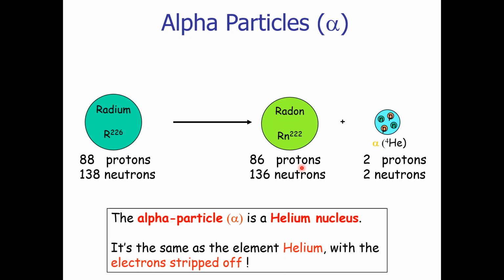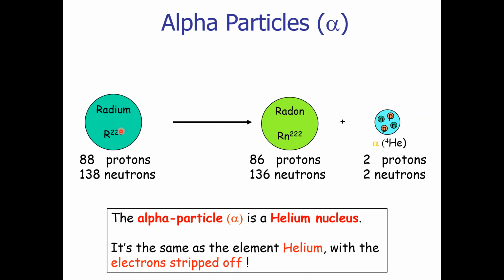Just like we mentioned, with the alpha decay the mass number is reduced by 4, as you can see in the difference in the atomic mass of radon and radium, and the atomic number is reduced by 2 because of the reduction of the two protons.